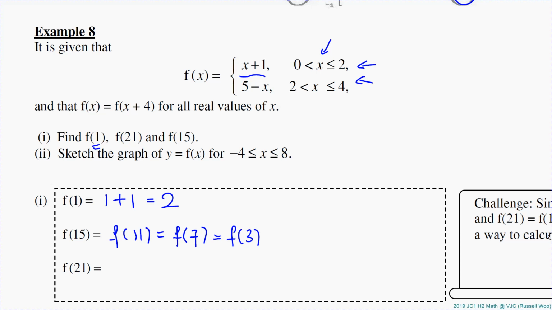Now think analogously. If you don't get it, think. Can I say sine of 7 pi over 3 is actually sine of pi over 3? Does this make sense?